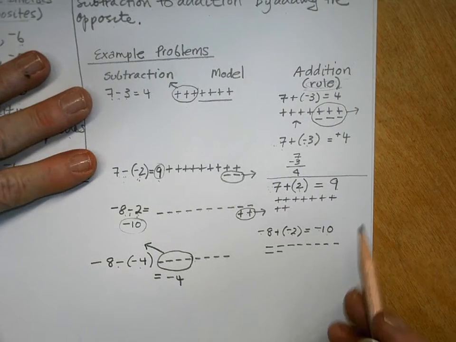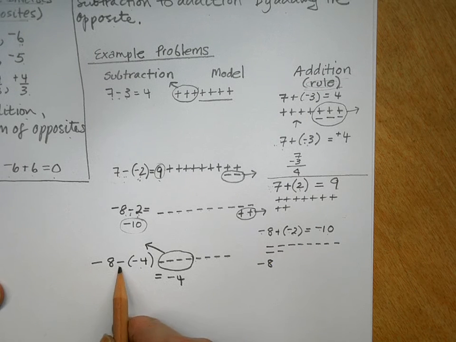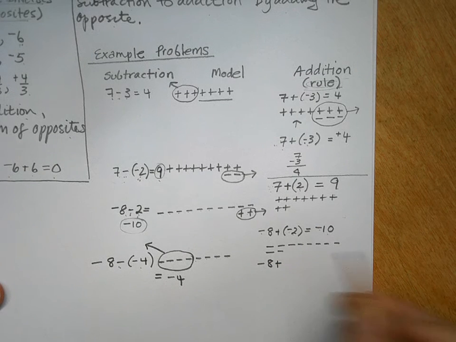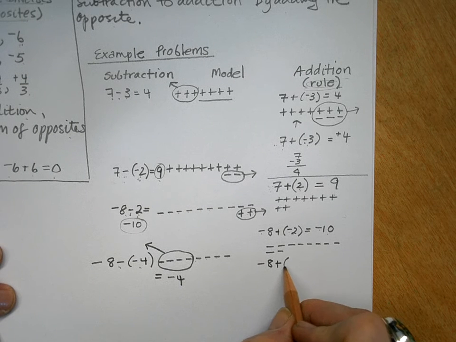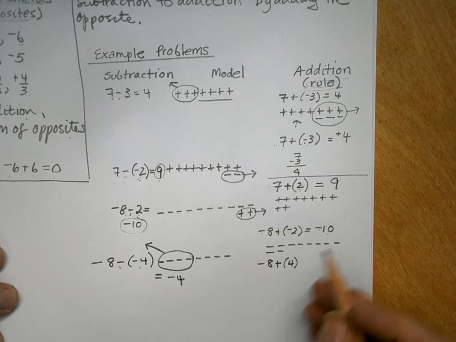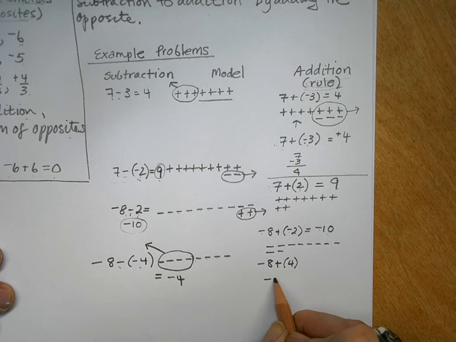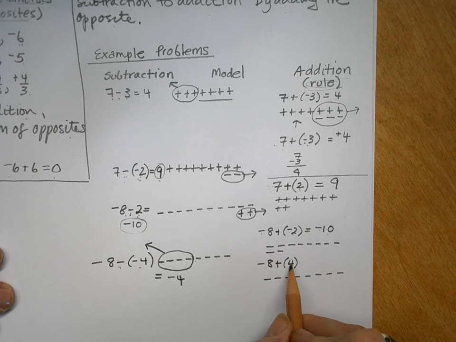I can show that with addition. I have negative 8. My subtraction sign changes to addition. I take the opposite of negative 4, which is positive 4. I could model this, negative 8, 1, 2, 3, 4, 5, 6, 7, 8, and add positive 4, 1, 2, 3, 4. I have 4 zero pairs.